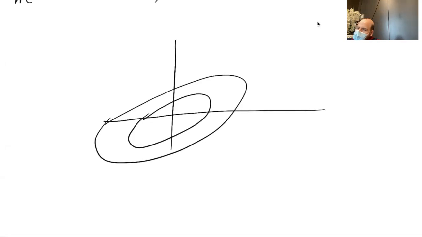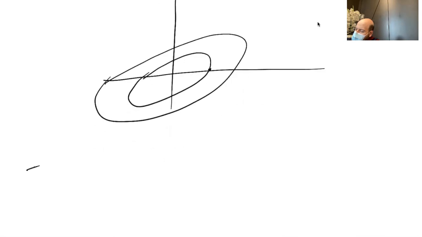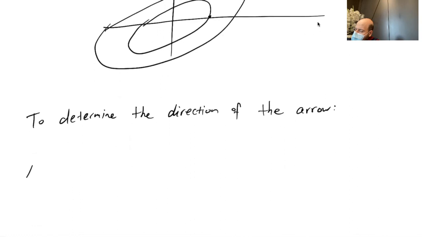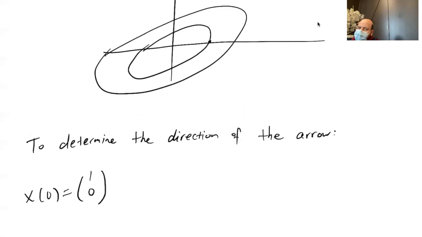Let's say we start with x of 0 equals (1, 0), so we start from here. To determine the direction of the arrow, what would be the velocity at that moment?